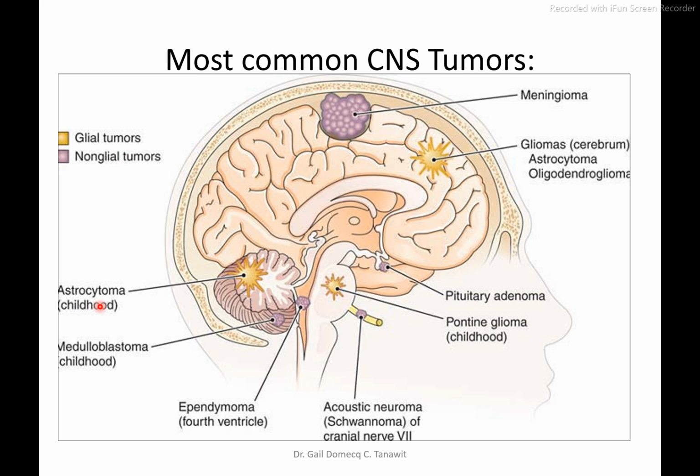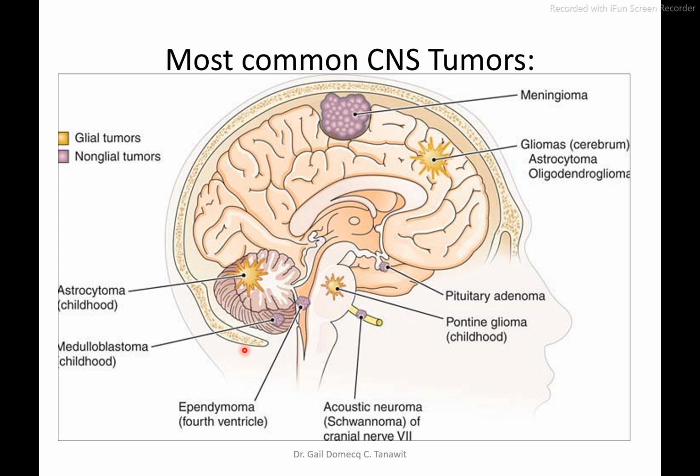Pag pediatrics, infratentorial. Pero kapag adults, it's supratentorial. Then common sa mga bata, infratentorial, like medulloblastoma. So location-wise, pag sinabi mong medulloblastoma, infratentorial yan.